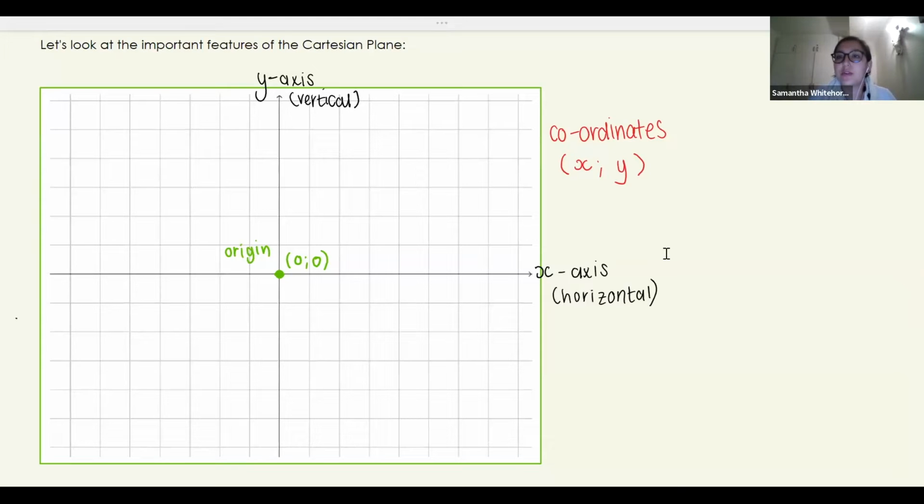So those are the basic and important features of our Cartesian plane. From there, we now need to be able to plot coordinates. And in order for us to plot a coordinate, we actually need to have values on our axes.